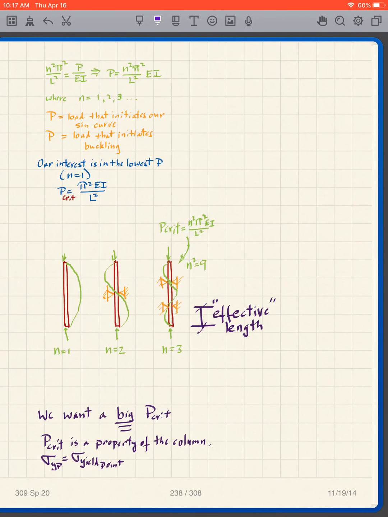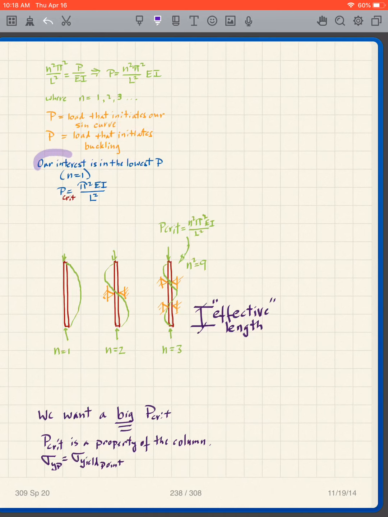I rearrange this and solve for P essentially. I get P is equal to n squared pi squared over L squared times EI, where n is 1, 2, 3, ... And P is the load that initiates our sine curve. So P is the load that initiates buckling.